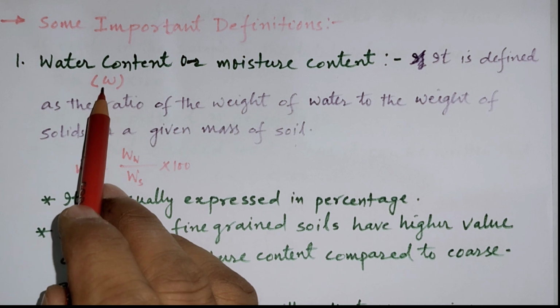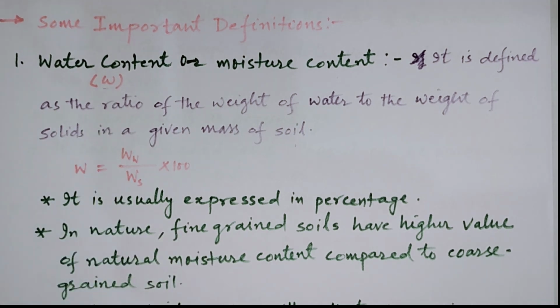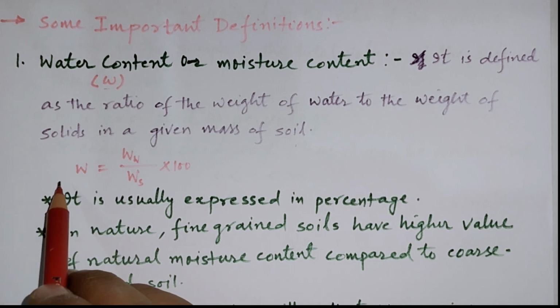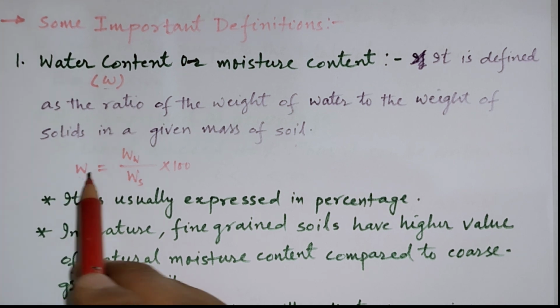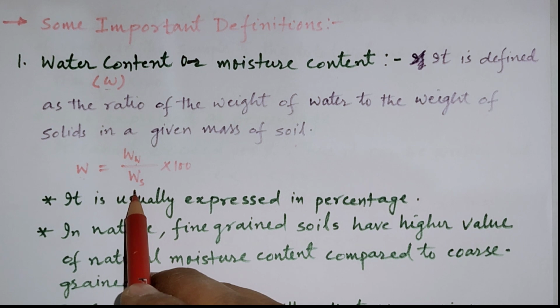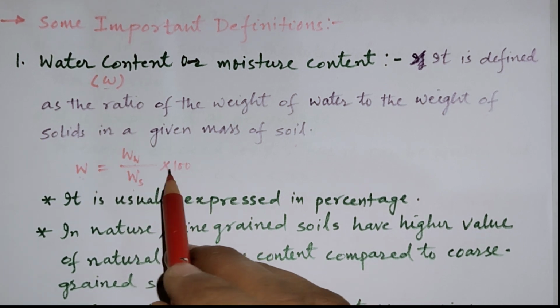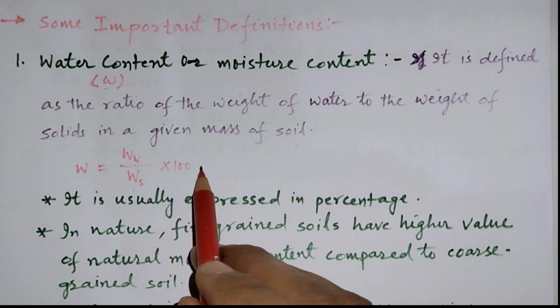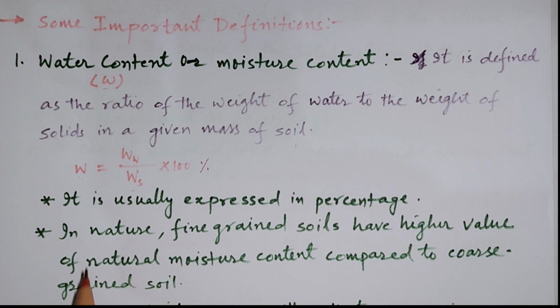Normally we use the symbol small w for water content or moisture content. So mathematically, water content w is equal to weight of water divided by weight of solid, and since it is usually expressed as a percentage, multiplied by 100%.